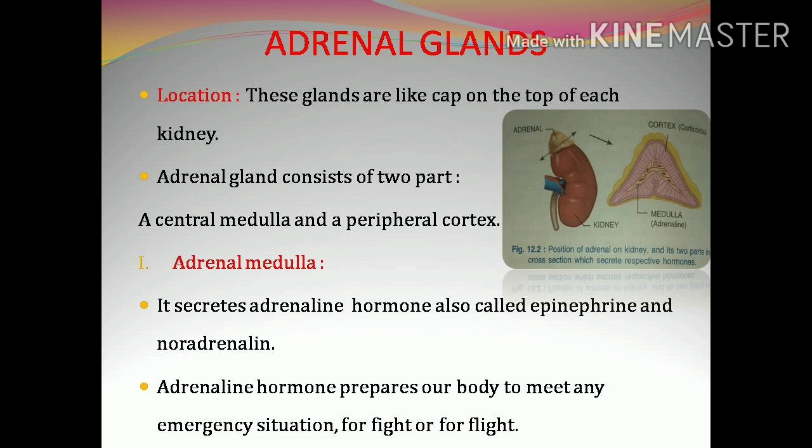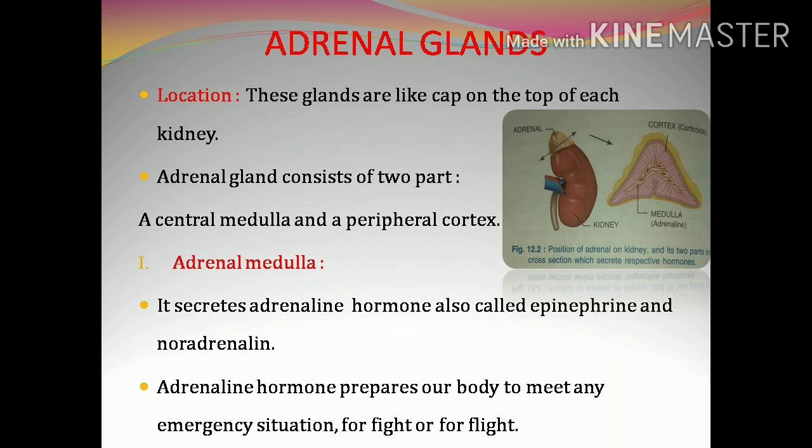In the emergency situation, it prepares our body for fight or for flight. Either we have to face that dangerous situation, or we have to run away from that situation.